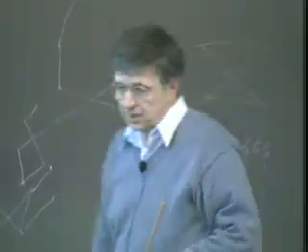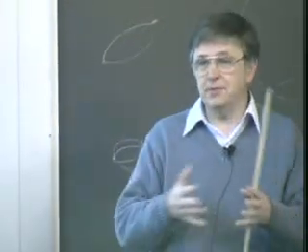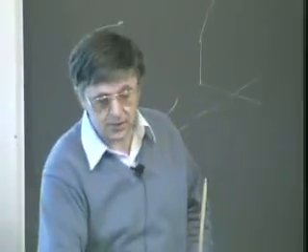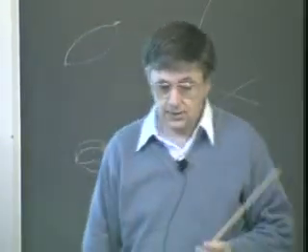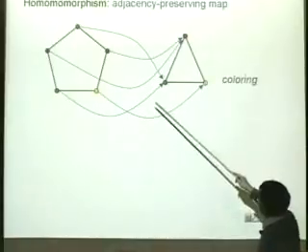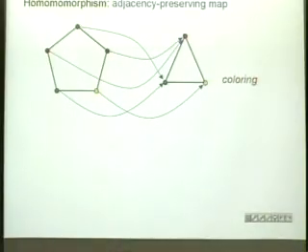So let me define what a homomorphism is. It's between two graphs, a map from one graph into the other which preserves adjacency. So, for example, you can map this pentagon onto the triangle, as the arrows indicate.